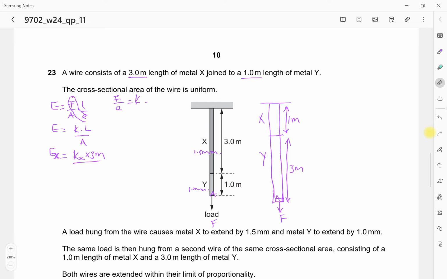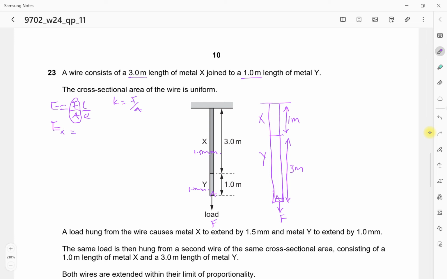I have to change this. I'll change my constant. Let it not be spring constant. So Young modulus is equal to force over area times original length over extension. We know that the same load is applied, and the cross-sectional area of the wires is the same. So F over A is going to be constant, which I'm going to call K. So let's say K equals F over A.